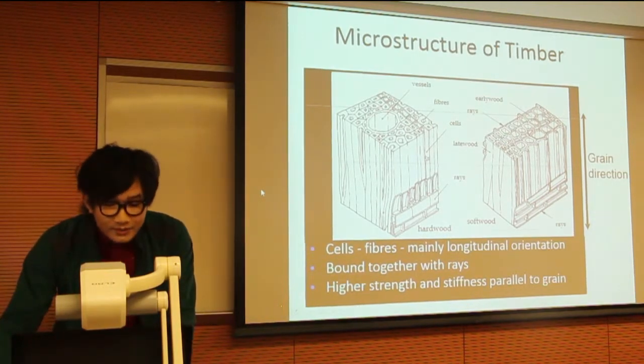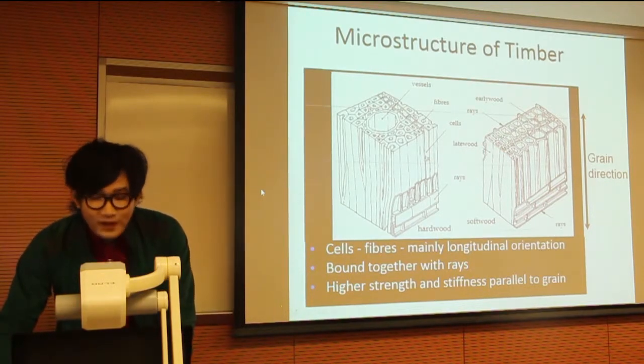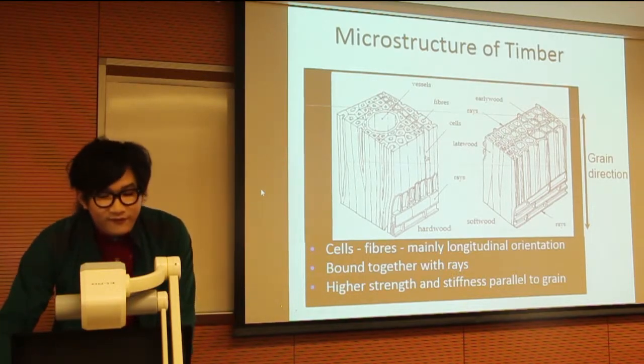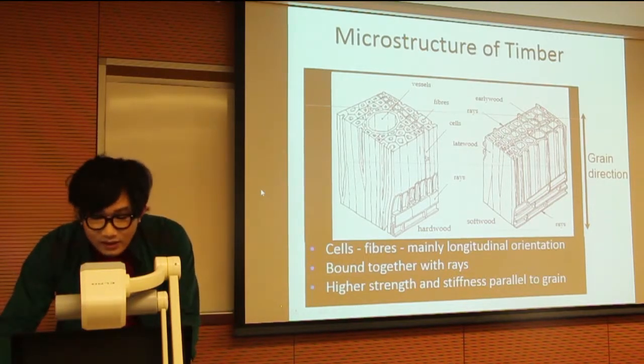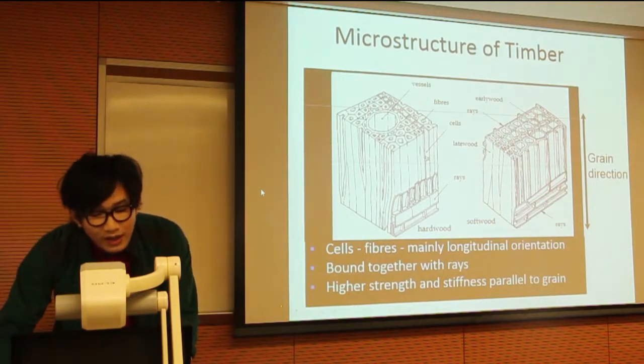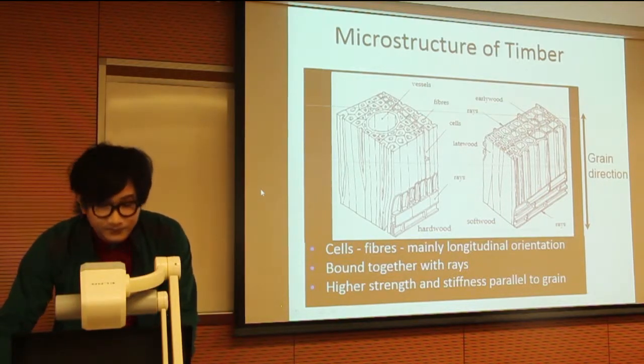So the diagram shows a number of important features of wood. The cells constitute fibers and have the main direction of orientation in the longitudinal direction, which is parallel to the trunk of the tree.